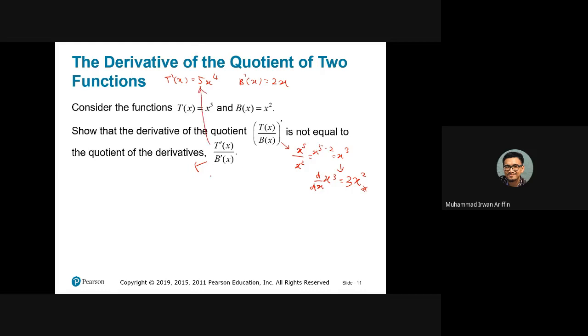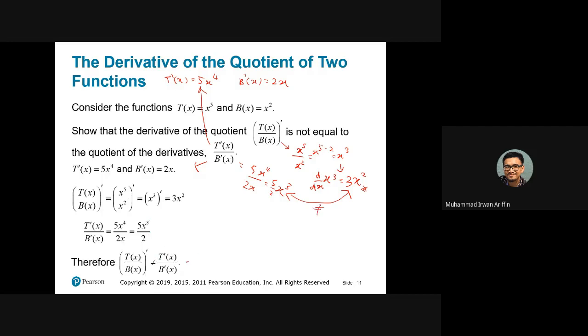This would give us 5x to the power of 4 divided by 2x. So this gives us 5 over 2, multiplied with x to the power of 3. Now, these two are not equal.